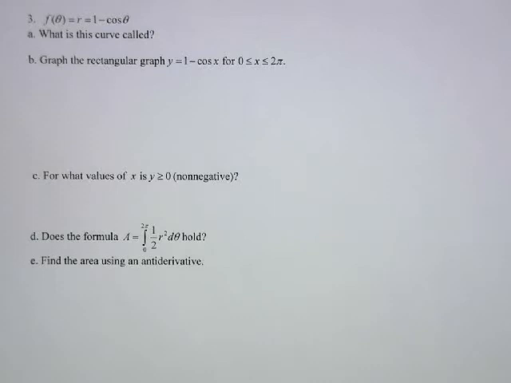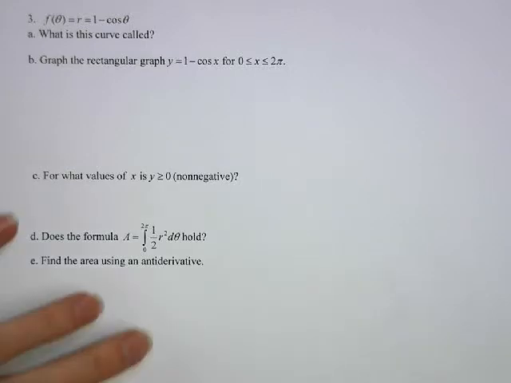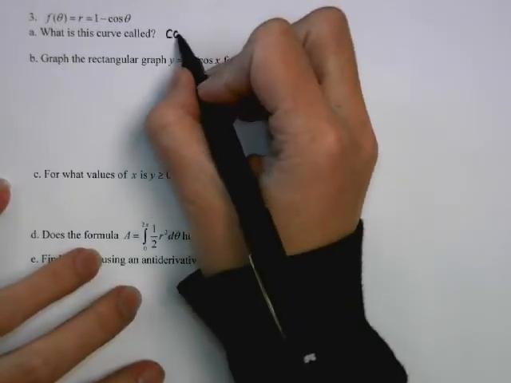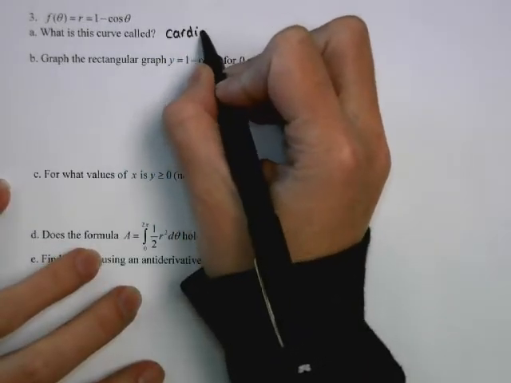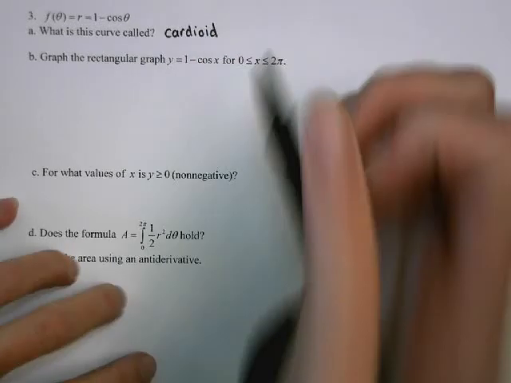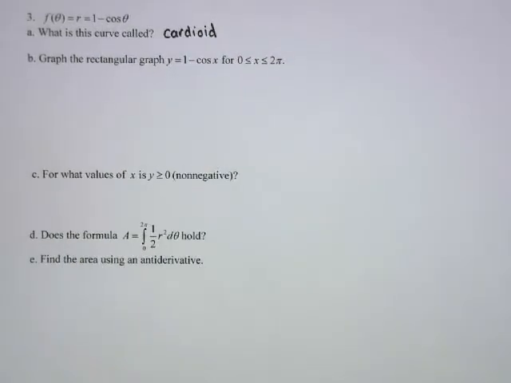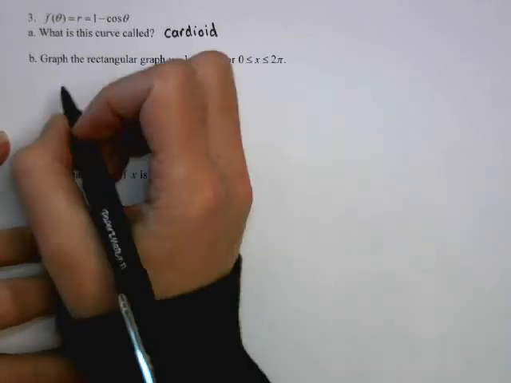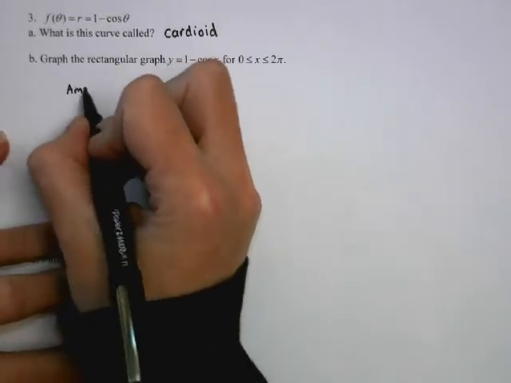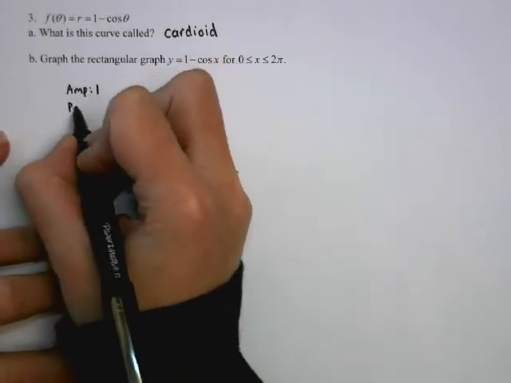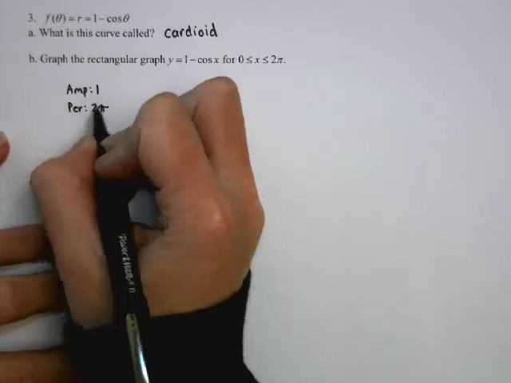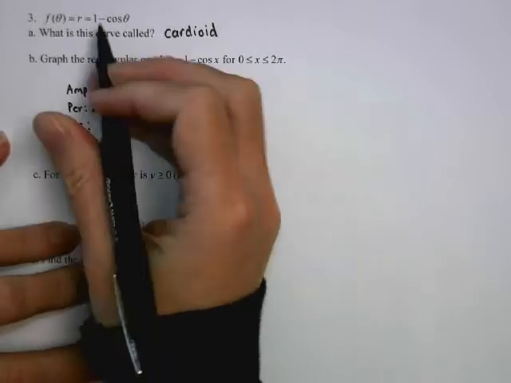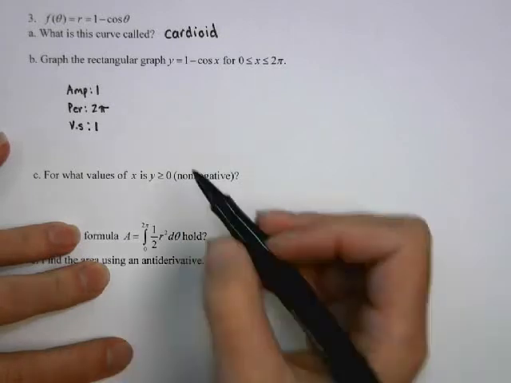All right, so we have f of theta is r equals 1 minus cosine theta. This is a cardioid. Okay, so we're going to graph it rectangularly. So the amplitude is 1. The period is going to be 2 pi, and we have a vertical shift of 1.